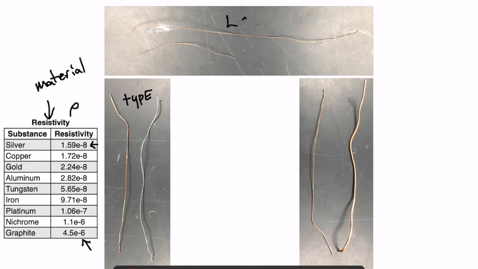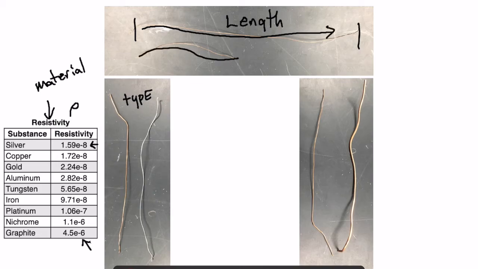We have length as another factor. Longer wires have more resistance. It's going to be harder to push the electricity through a longer distance than it would be a shorter distance. Finally, the thickness of the wire. It's easier if the wire is thicker.